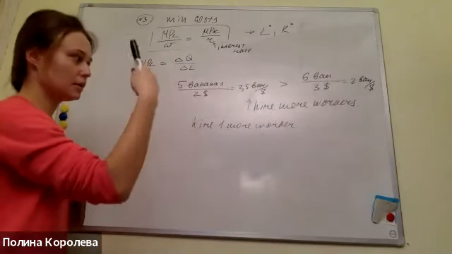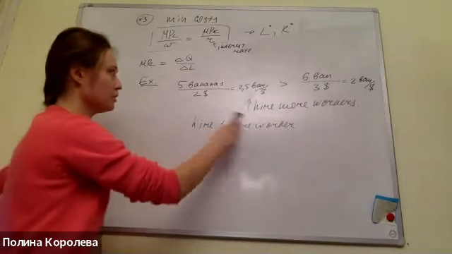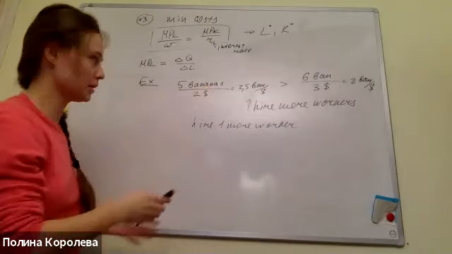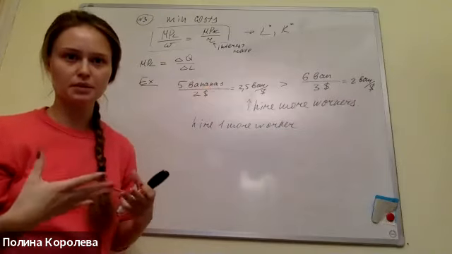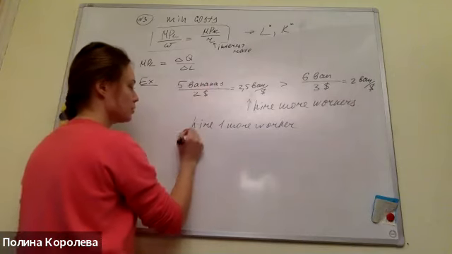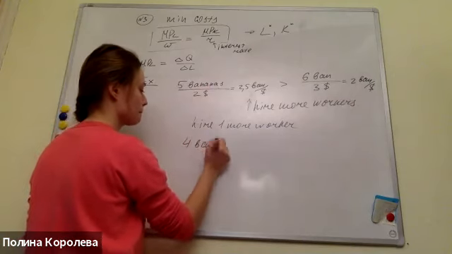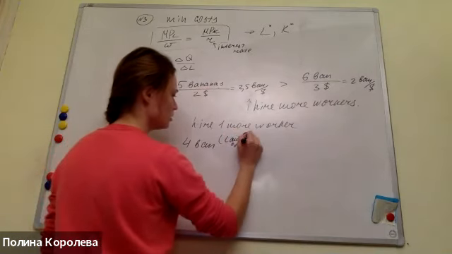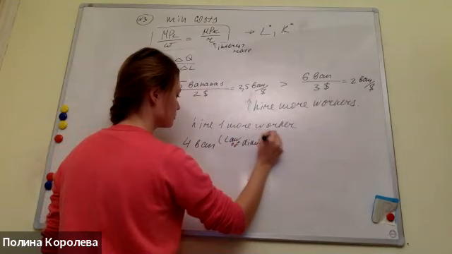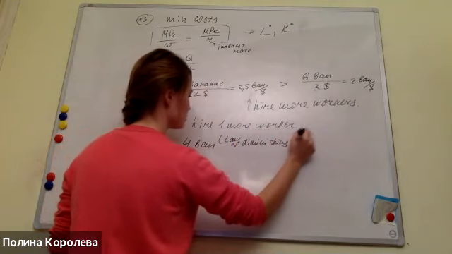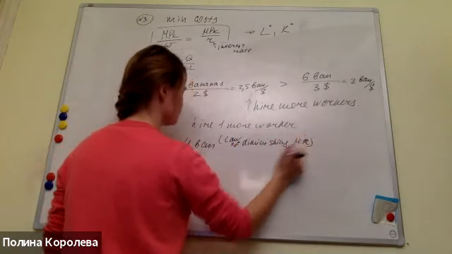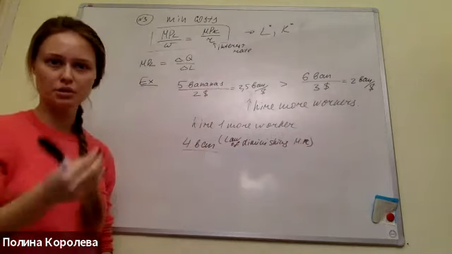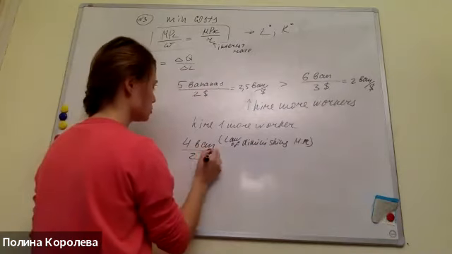And this next worker will produce for us not 5 bananas, but less, because of the law of diminishing marginal returns. He will produce, for example, 4 bananas, and we pay him the same wage, because wage is constant, $2.